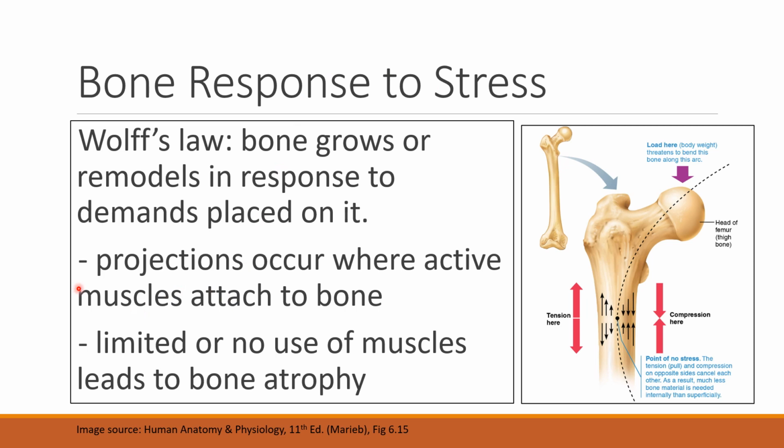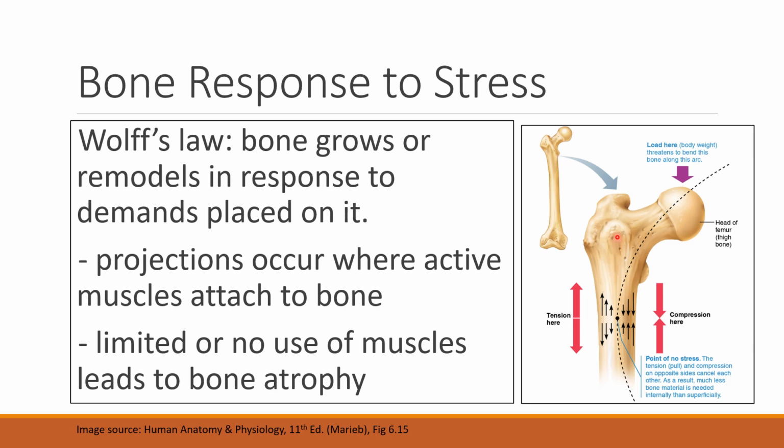Other things that can happen is there are little projections on the bone, right? That's where muscles, ligaments, and other things attach to the bone itself. So imagine right here, this is the femur bone, right? There are probably some big, strong muscles of your leg that attach right here to this spot, maybe some ligaments that attach to the pelvic bones.